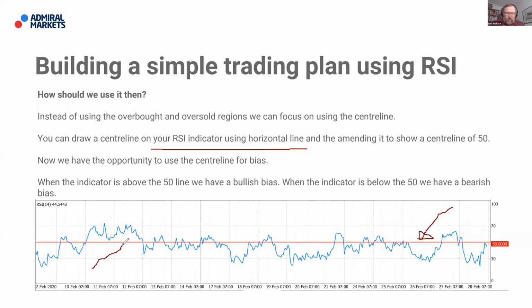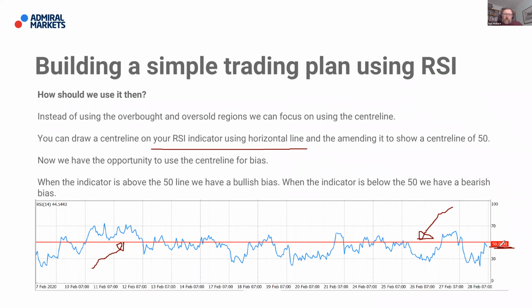I'll show you how you can do that when we switch across to the live charts. I've just amended it so it always shows 50 there. And so now we have the opportunity to use the center line for a bias, to give us an indication. Here is how we will look to use this RSI in the first phase.